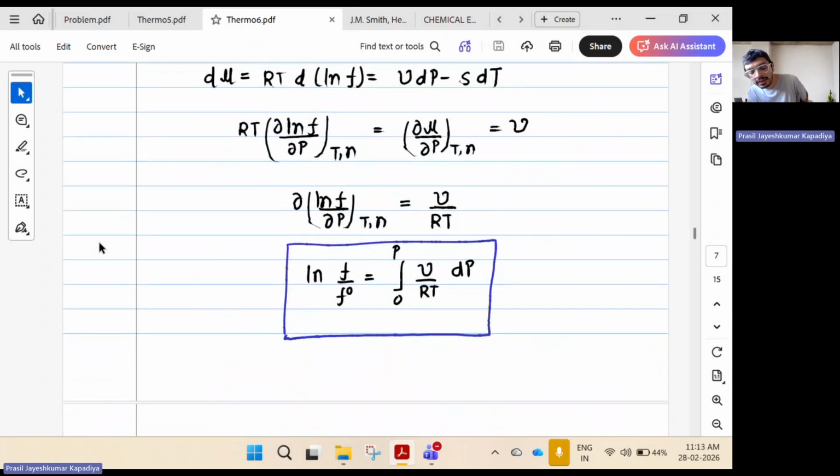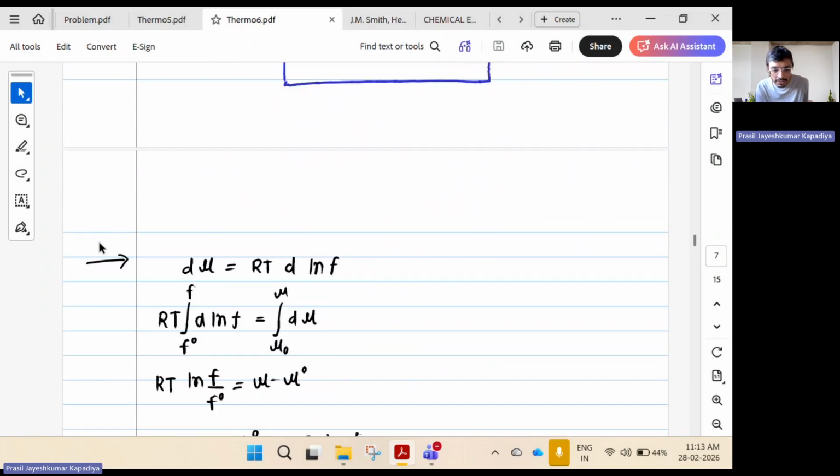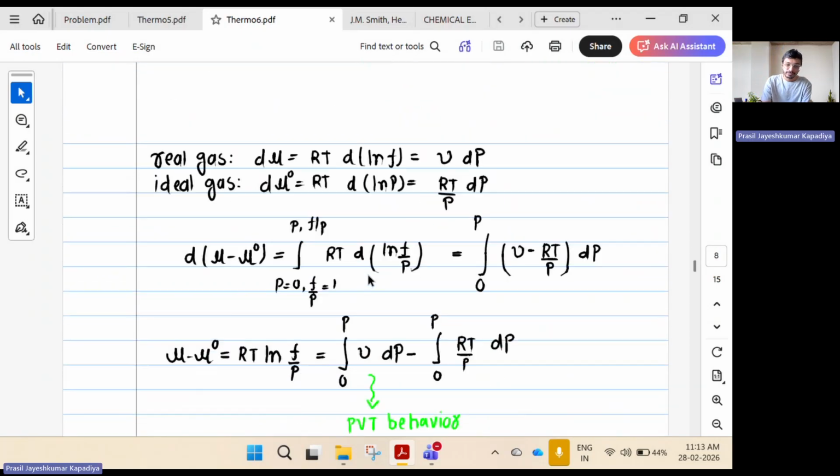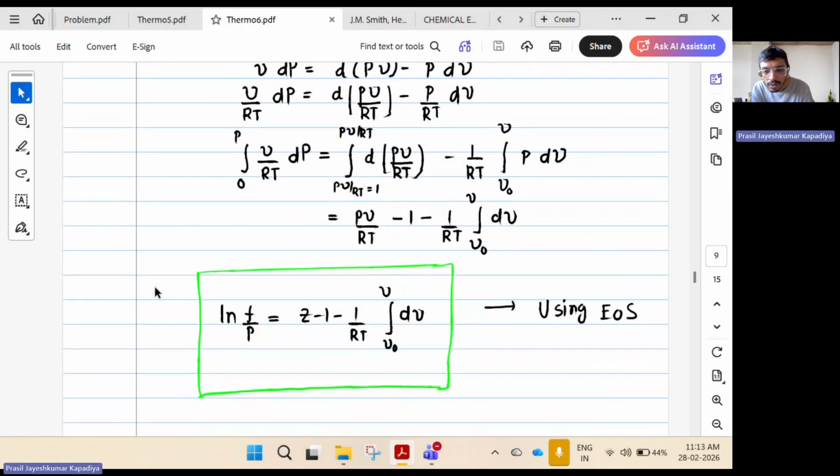Then we looked at the effect of temperature and pressure on fugacity. This was the effect of temperature, and this was the effect of pressure.